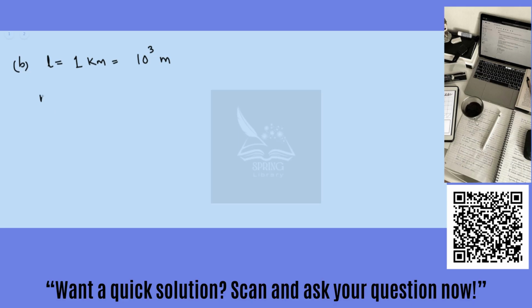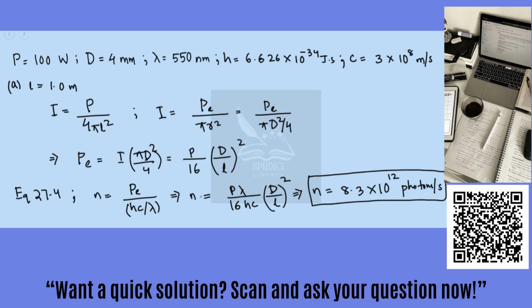And we do the same thing. So we find the number of photons entering the eye per second. So let's call this n dash. So this will again be equal to, so we use this equation.